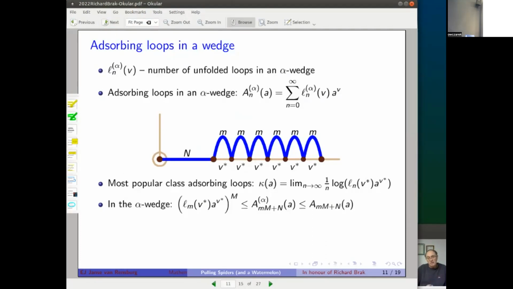An upper bound on the free energy would be easier to obtain, and we will show that later. But let's first focus on the lower bound and how you construct a spider so that you can get the lower bound out of the construction.